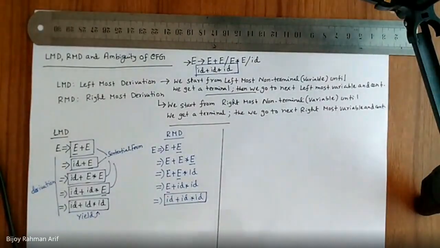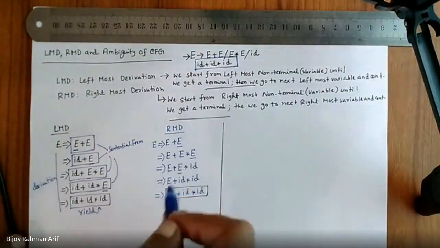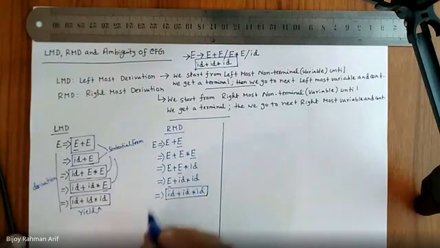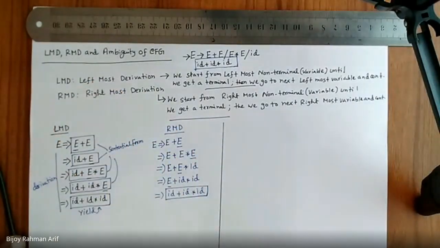But there is a but. This is the leftmost derivation, this is the rightmost derivation. Now if you convert these two line-by-line derivation steps to a parse tree, what do we get?